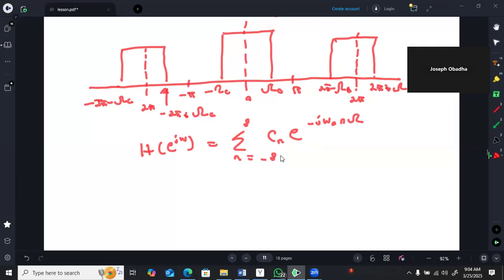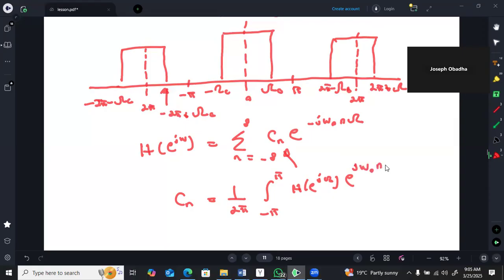And the coefficients c(n) are determined from c(n) equal to 1 over 2 pi, the integral. Here we don't need to use the infinity, it is periodic. So we just do it for one period, minus pi to pi, H(e^{j omega}) e^{j omega naught n omega}.